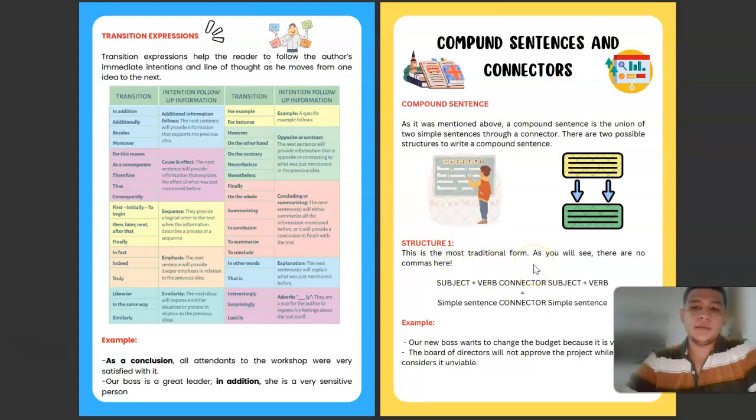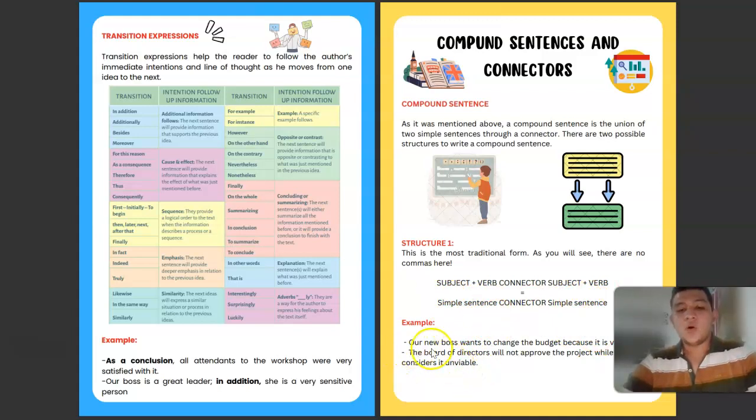As you will see, there are no commas here. The structure is subject plus verb, connector, subject plus verb, which equals simple sentence plus connector plus simple sentence. Remember, the compound sentence is composed of two simple sentences, first simple sentence and second simple sentence.